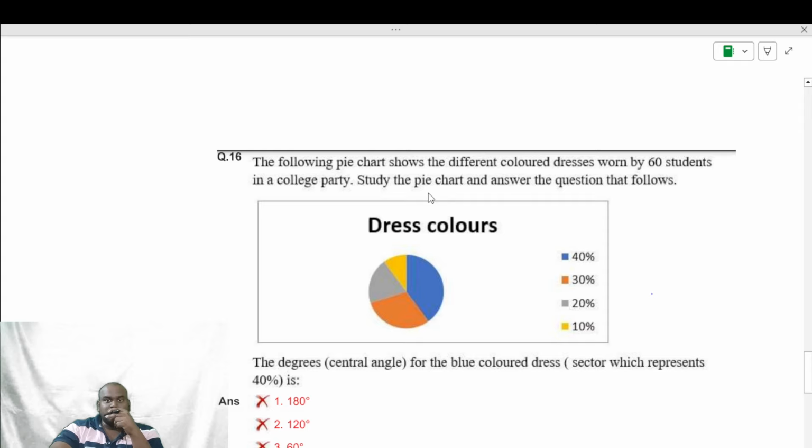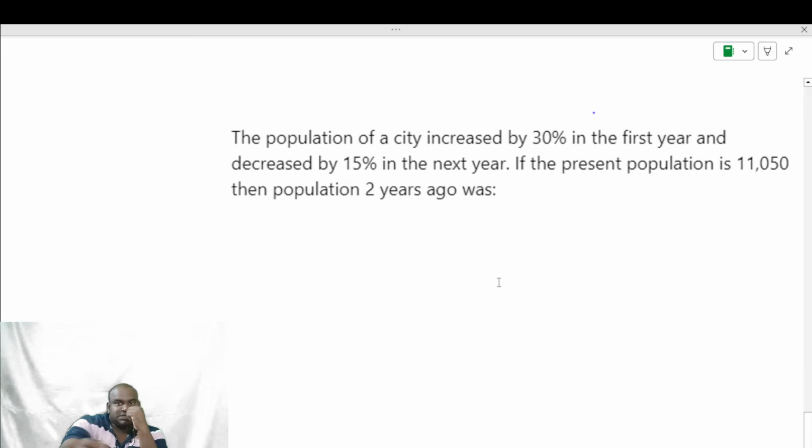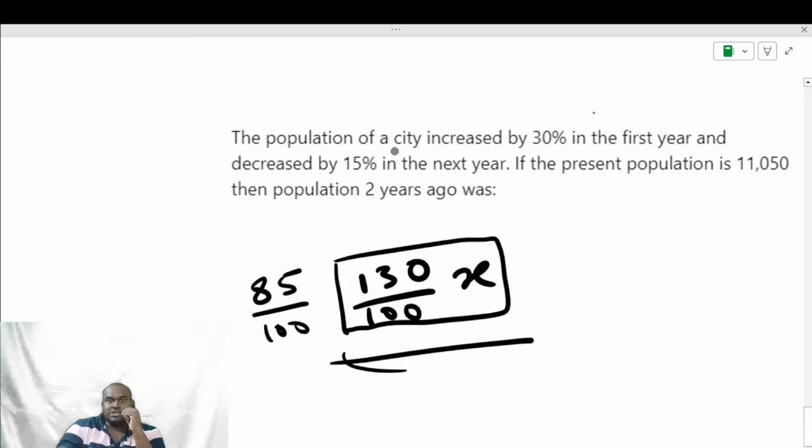The population of the city increased by 30% in the first year and decreased by 15% in the next year. See, 30% increase means 130. Suppose the population is X. After 1 year, it became 130 by 100 times X. And in the next year, it decreased by 15.